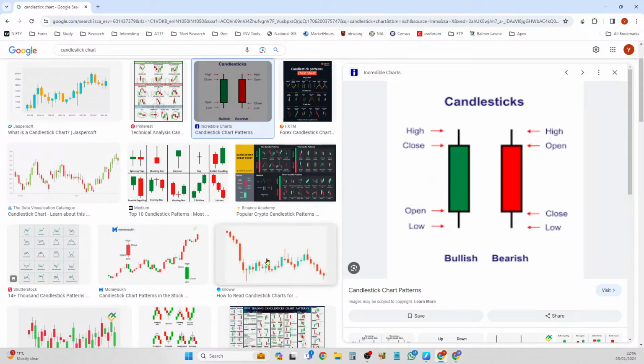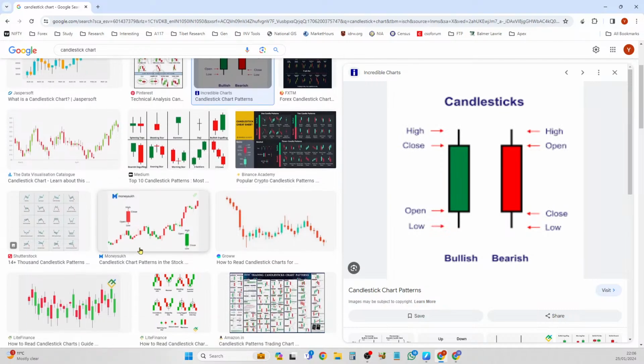Now, why do they have different colors? It's just the preference of the person who has set these colors. So what I follow is I use a white hollow candle as a bullish candle and a dark black candle as the bearish candle. So that's my color preference. You could prefer a different color, like someone over here is using light green and whatever red color.